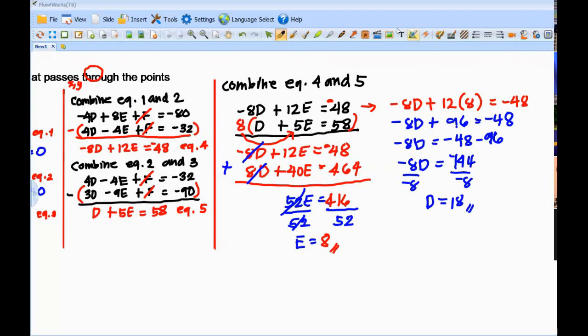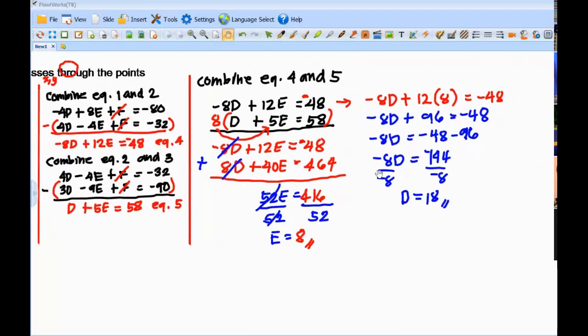Okay? So now let us get the value of F. What is our first equation? The first equation is -4D plus 8E plus F equals -80.